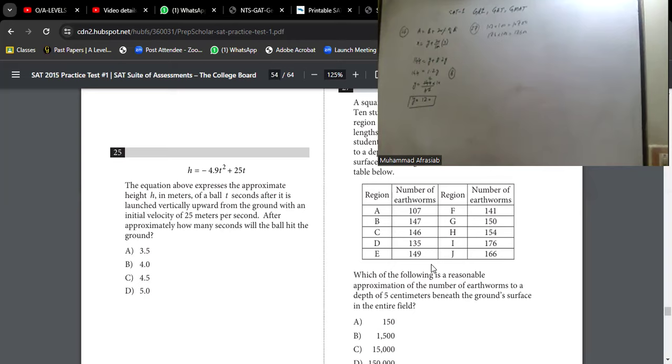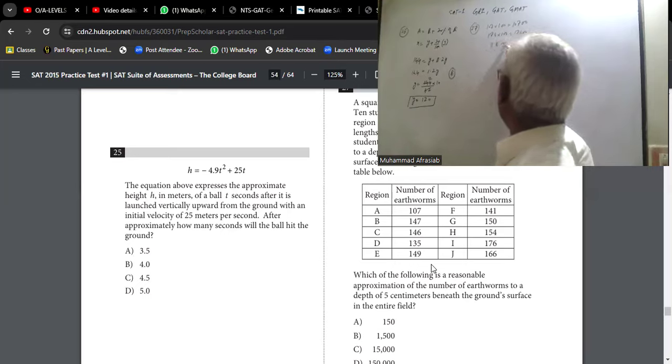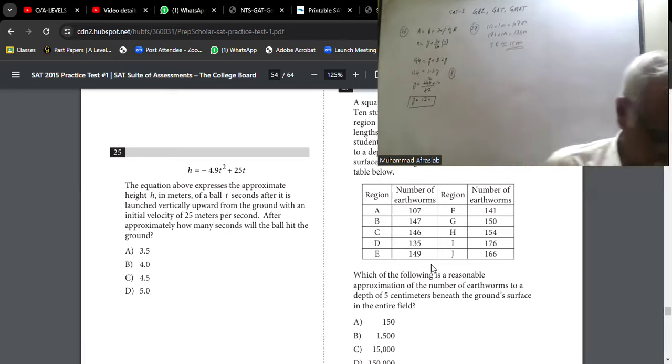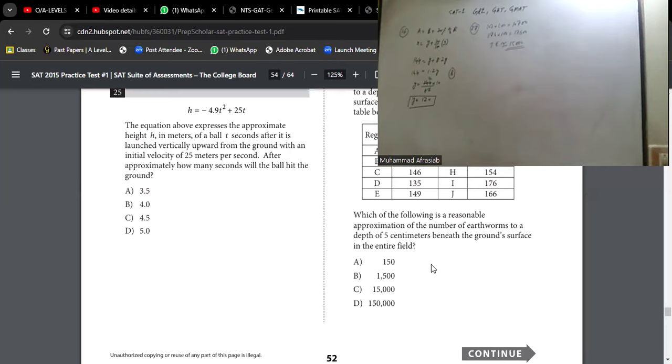So that is approximately equal to 15,000. So the approximate total number of earthworms for this approximation is 15,000. So this is the answer of this part C there.